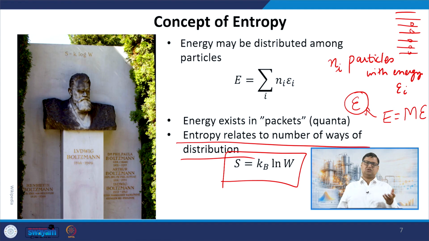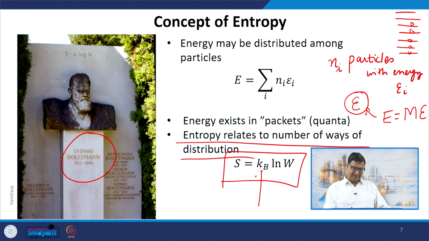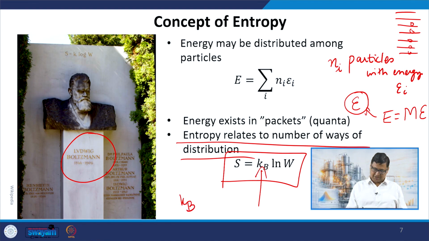And this should be useful for us. Otherwise, what is the point of defining a variable? We will see how useful it is. It is attributed to a scientist named Boltzmann, so there is a prefactor here that is called the Boltzmann constant. Just to put things in perspective, this Boltzmann constant is actually the gas constant divided by the Avogadro number.